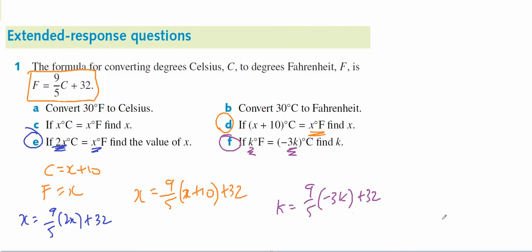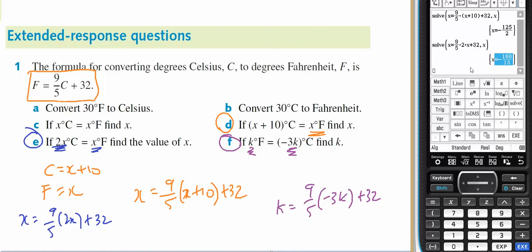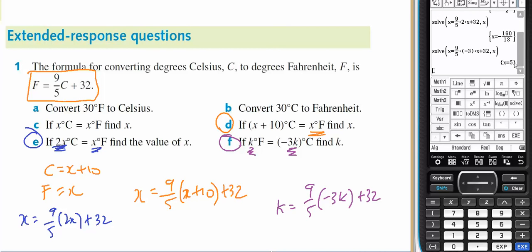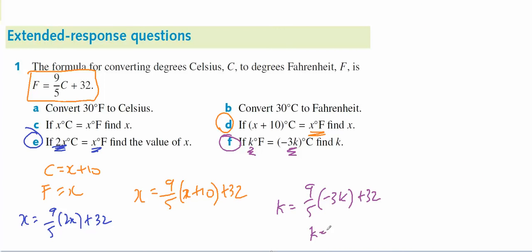And the last case, I'm going to again solve, but instead of using K, I'm actually going to use X. X equals fraction 9 on 5, open bracket, minus 3X, close bracket, plus 32, and I'll solve for X. Okay, and X equals 5. However, I would say that K equals 5.